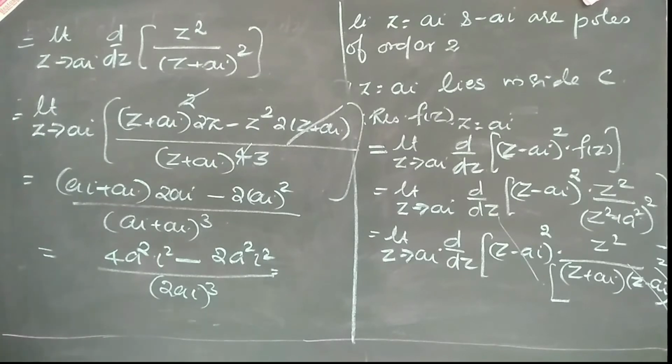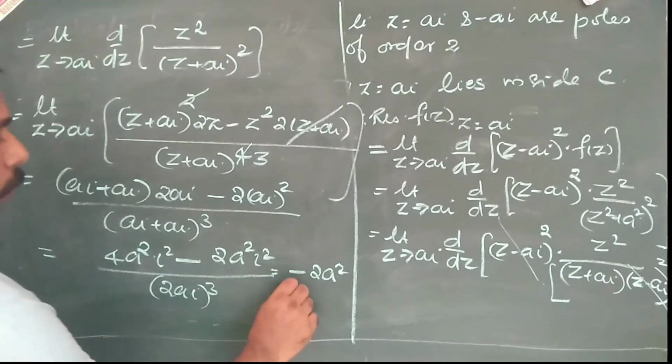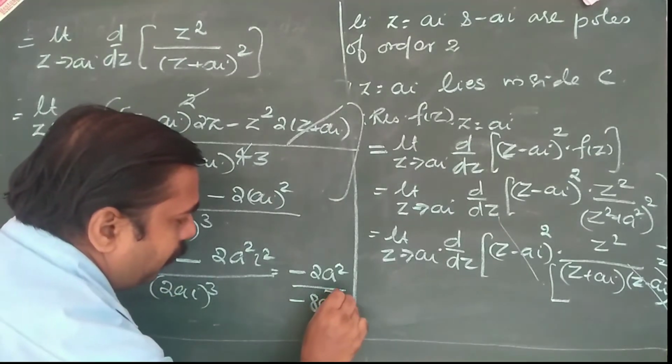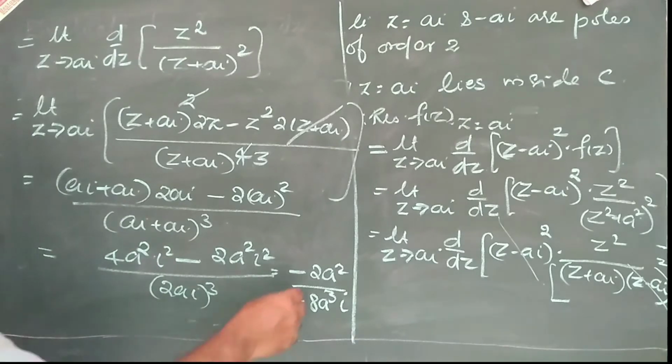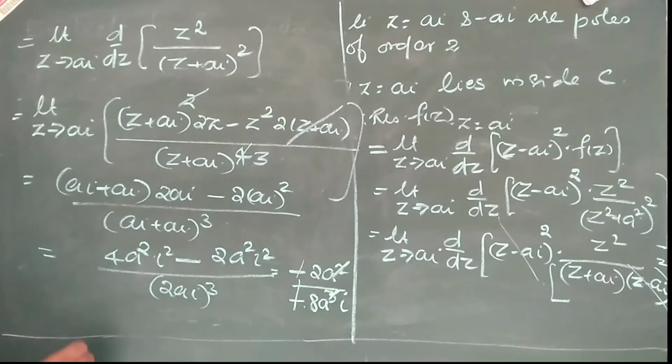So this is equal to 2a square, minus 2a square, whole divided by 2 cube, 8, 8a cube minus 8a cube i. So this minus cancels. So everything cancels. We can get this is equal to 1 by 4ai.